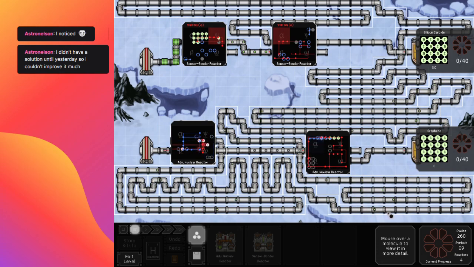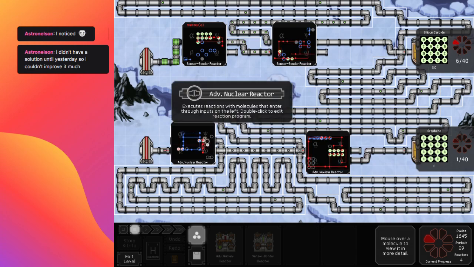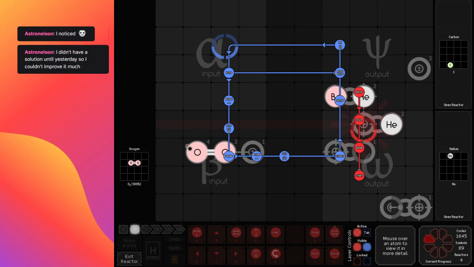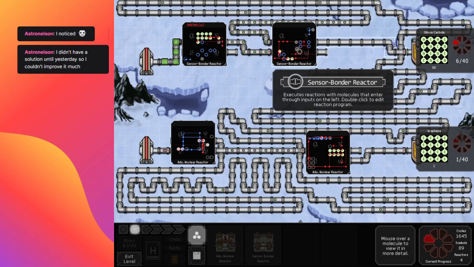But you might notice there's a lot of pipe. That's because this carbon here actually fills up, and the ratios are not perfect in this solution, so it ends up filling up this reactor first.